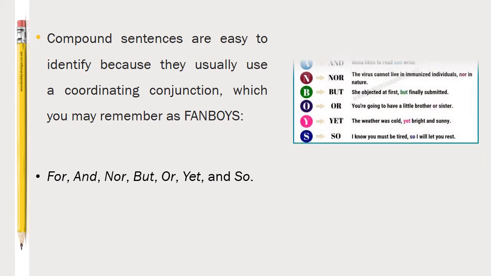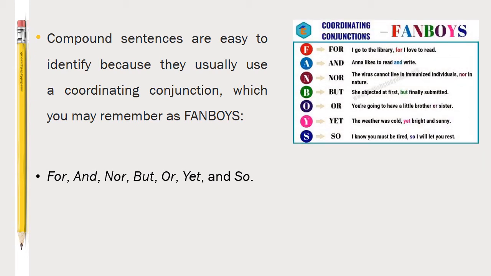Examples. For: I go to the library, for I love to read. And: Anna likes to read and write. Nor: The virus cannot live in immunized individuals nor in nature. But: She objected at first but finally submitted.